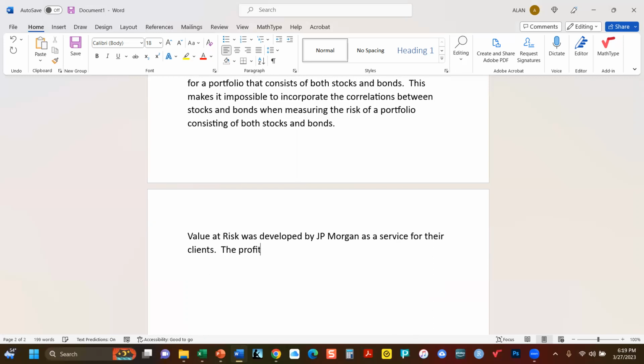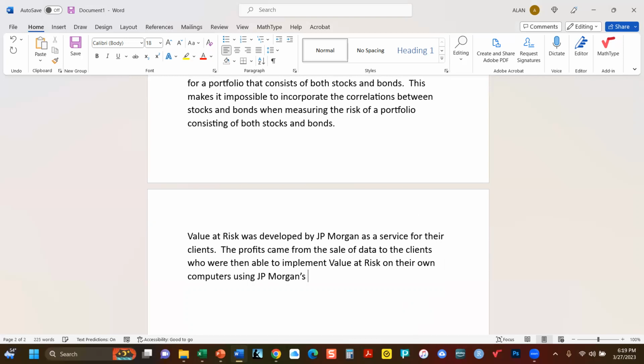The profits came from the sale of data to the clients, who were then able to implement value at risk on their own computers using Morgan's software.